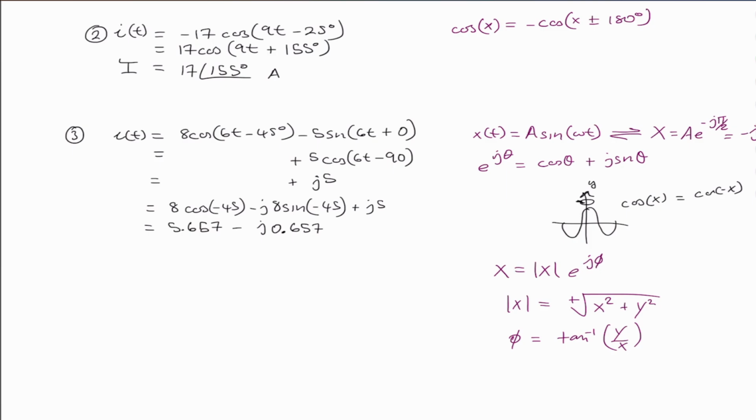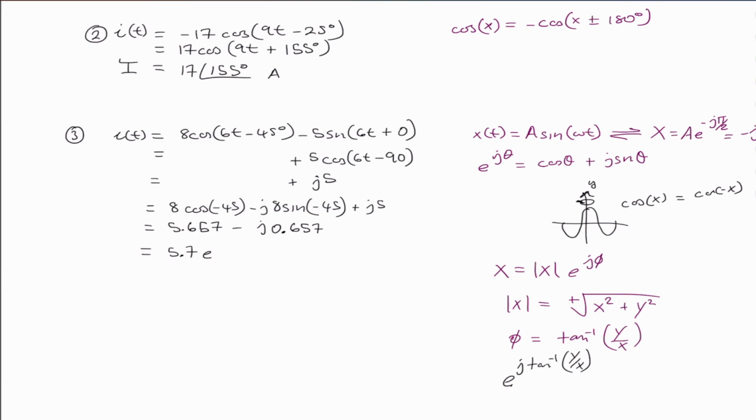So we can go ahead and write that as a magnitude of 5.7 after using our expression, and an angle, we can write that. So here we can write this expression as e to the j inverse tangent y over x.